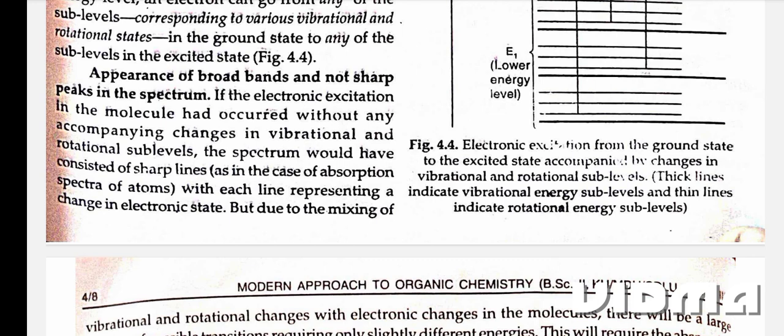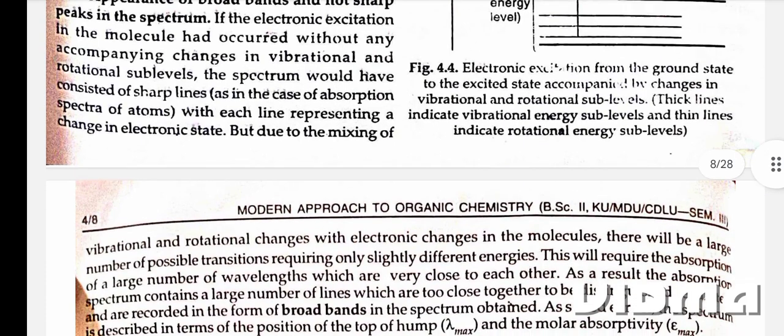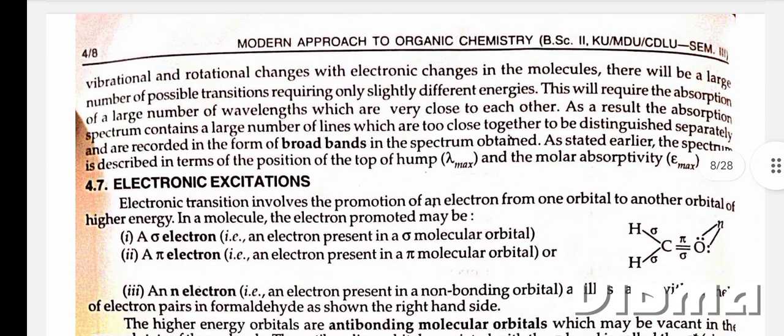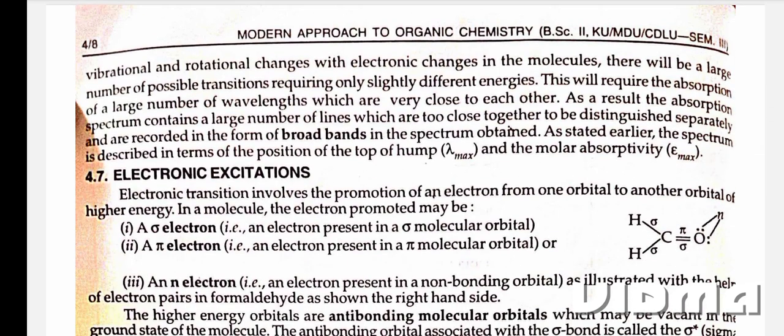Appearance of broad bands and not sharp peaks in the spectrum. If the electronic excitation in the molecule had occurred without any accompanying changes in vibrational and rotational sublevels, the spectrum would have consisted of sharp lines with each line representing a change in electronic state. But due to the mixing of vibrational and rotational changes with electronic changes in the molecule, there will be a large number of possible transitions requiring only slightly different energies.